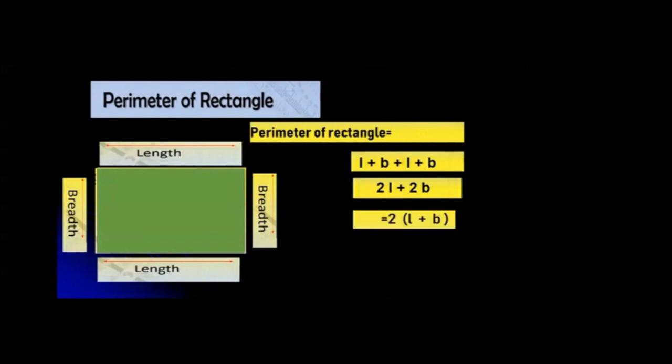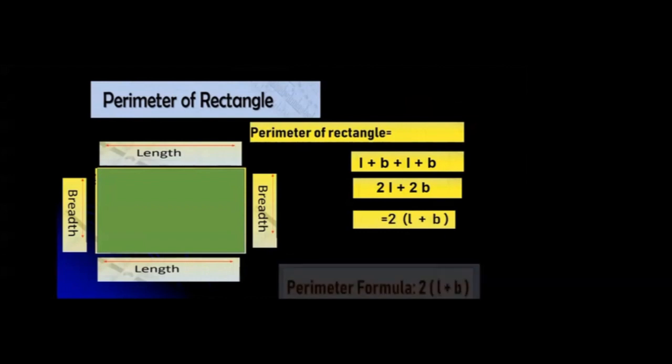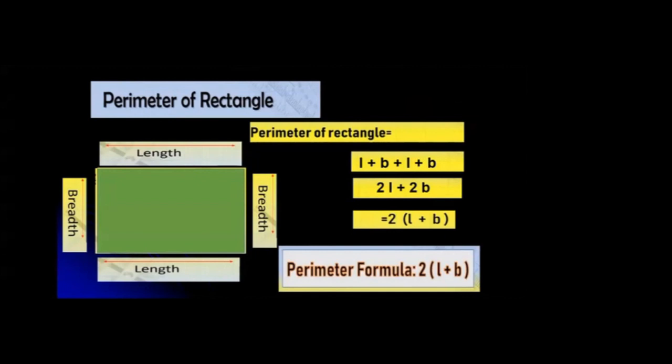As length and breadth are two times, we can also write it as two times length plus breadth. So the formula of finding out the perimeter of rectangle is two times length plus breadth.